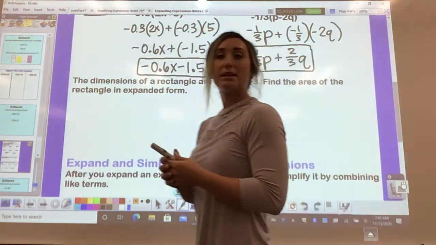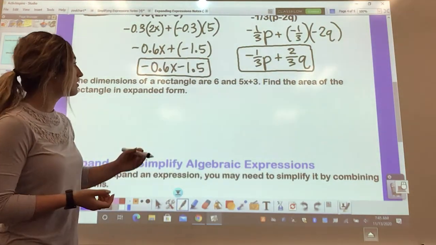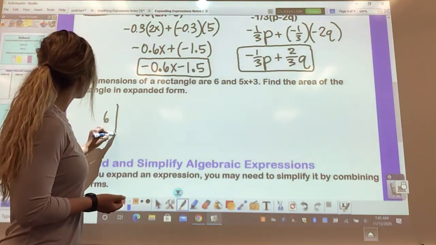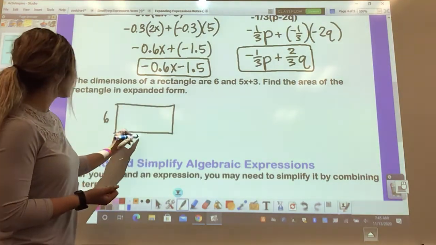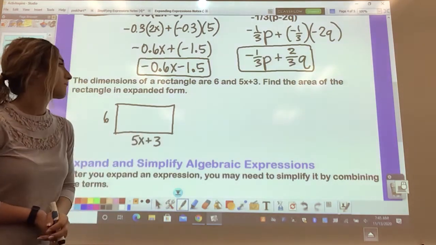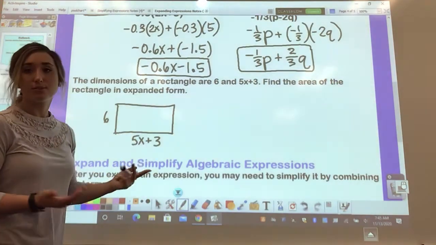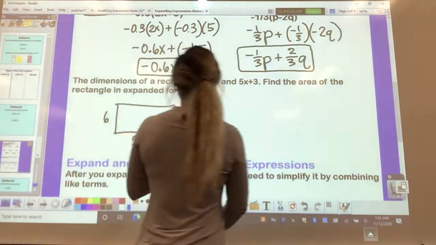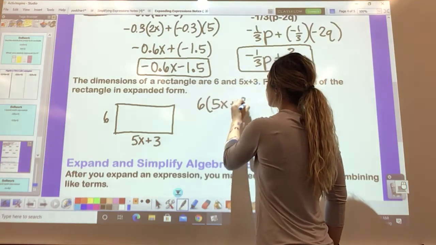The next problem is asking us for the area of a rectangle if the dimensions are 6, so we know one of the sides, and the other side we don't know, but we know it's 5x plus 3. And remember, to find the area, you do length times width, or you multiply the dimensions. So we would do 6 times 5x plus 3.